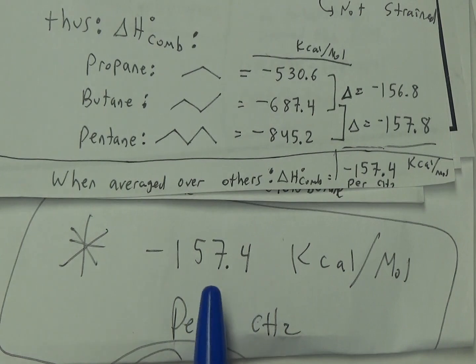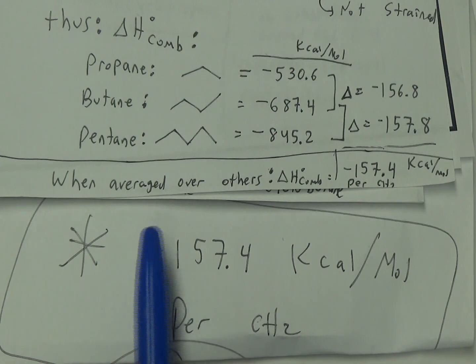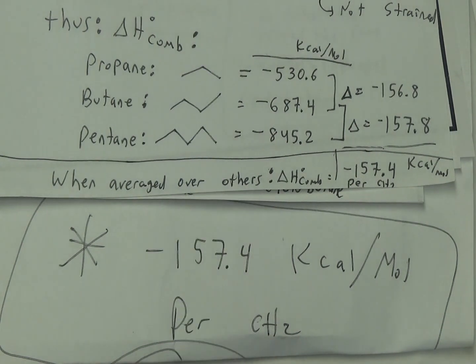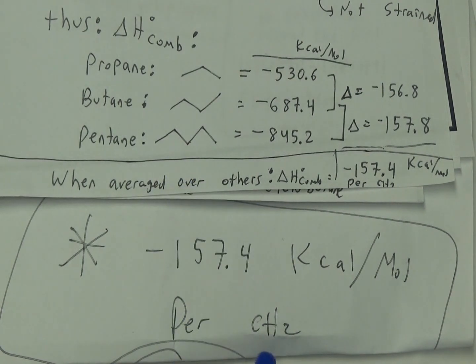So what we're going to do next time is, given this number, which tells you how much energy is in each CH2 in an unstrained molecule like ethane, butane, pentane, and all, this average goes up to like 10 carbons long, figure out how much additional energy is in certain CH2s, like these strained ones.